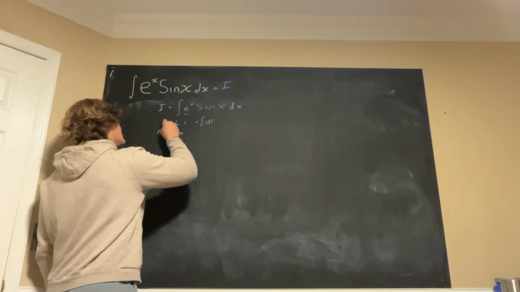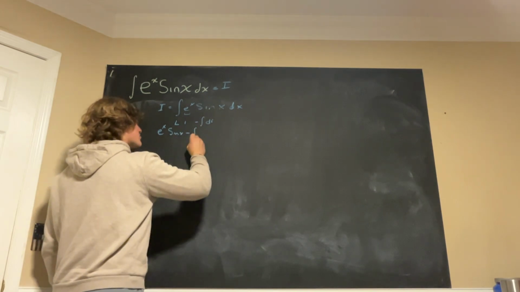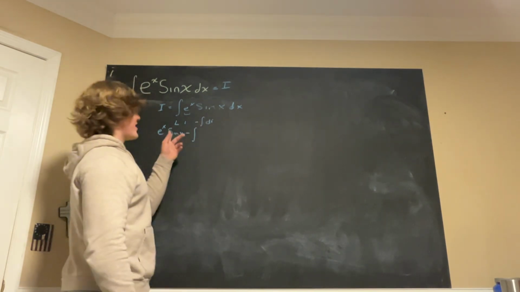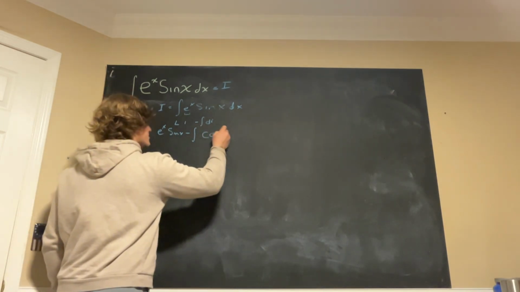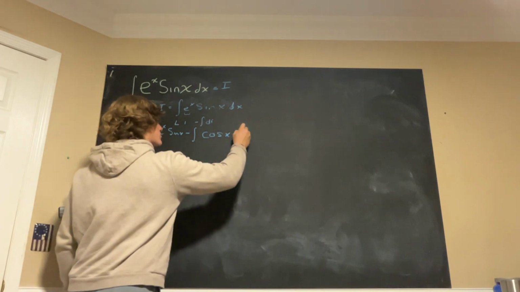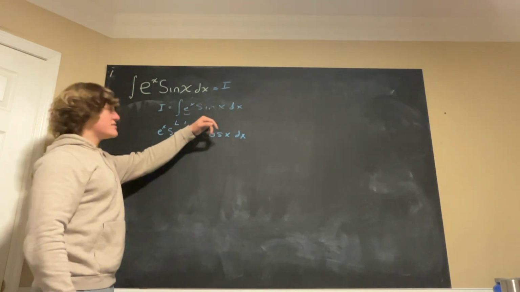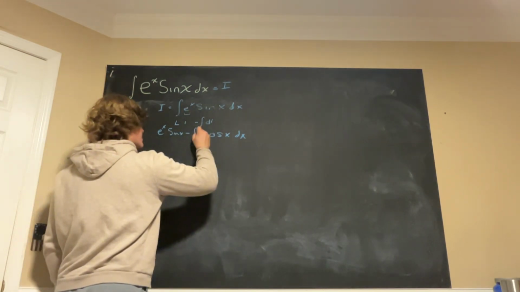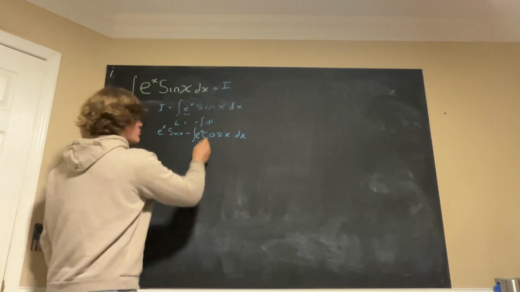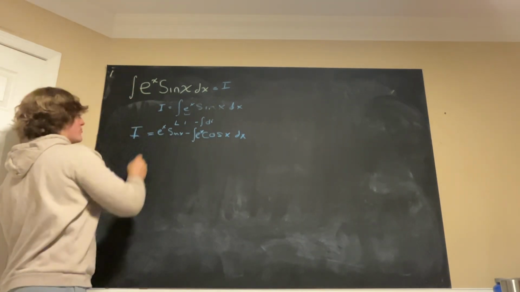So we have e to the x. I will multiply that on the outside. Then we subtract the integral of the derivative of that same first term that we chose, sine of x, which is just cosine x with respect to x. And then we multiply that on the inside by our integral of this term, which is just the integral of e to the x, which is just e to the x. So we have this integral now, and this is all equal to I, if you remember.